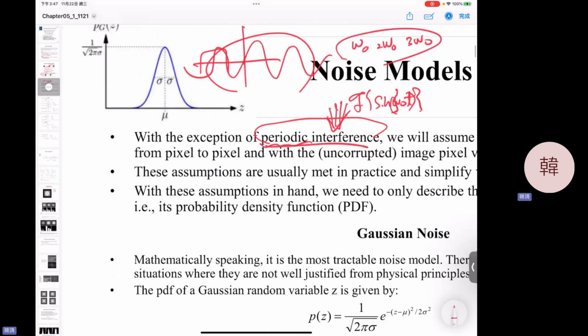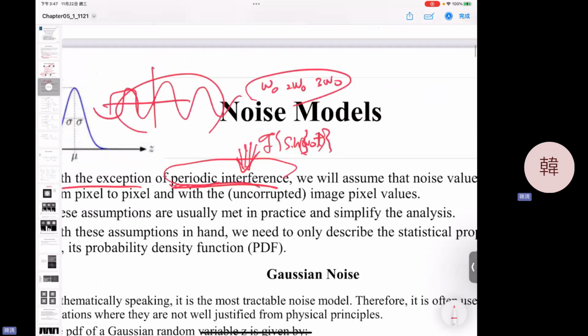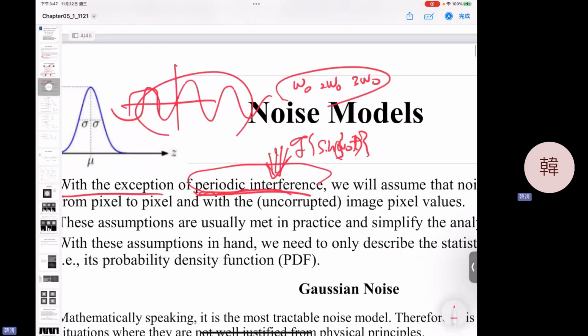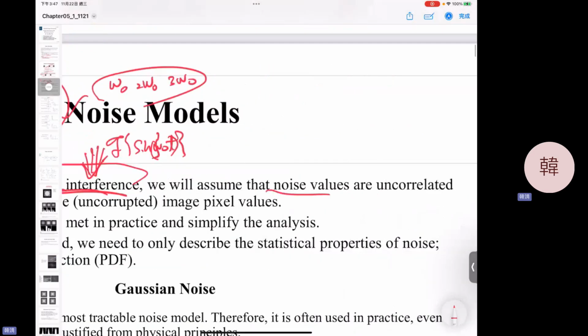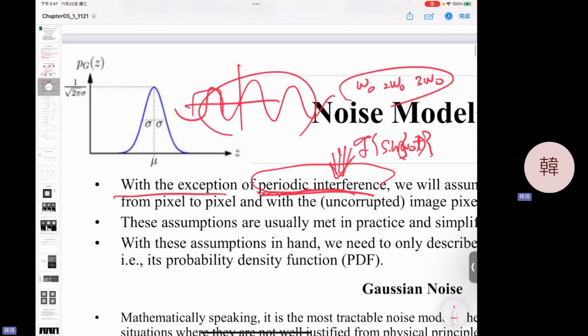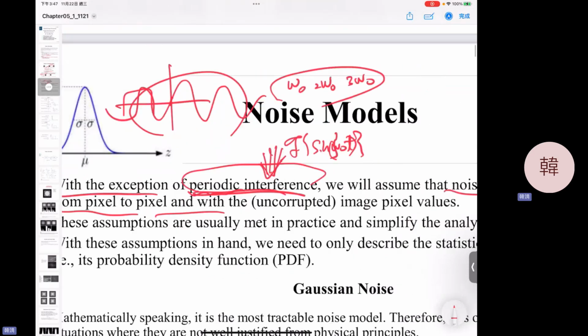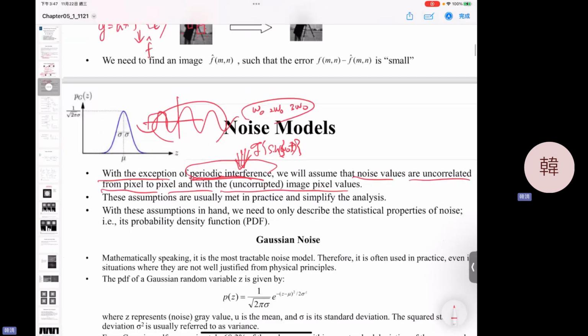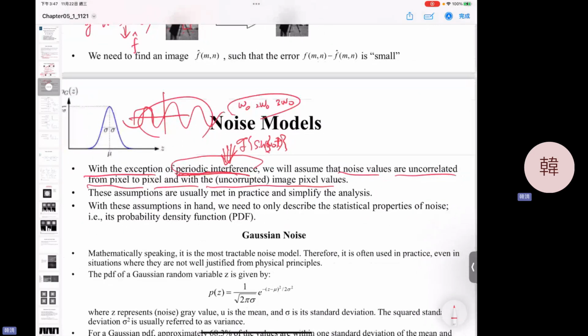So if we don't look at the periodic one, how can we see? Like this one, there's no periodic noise there. So we have to look at the background. We will assume the noise values are uncorrelated from pixel to pixel with the uncorrupted image pixel values. So if there's no periodic signal, the noise at different locations has no relationship, because a periodic signal would have some correlation with location.